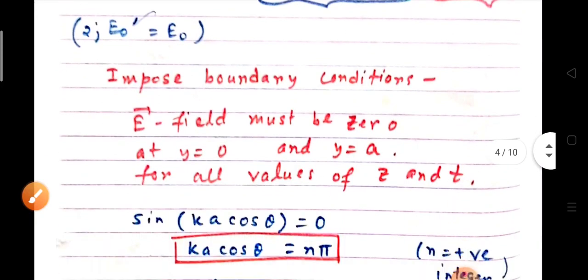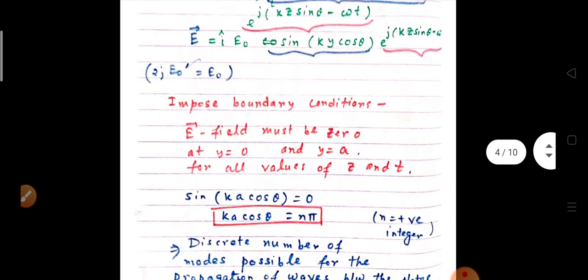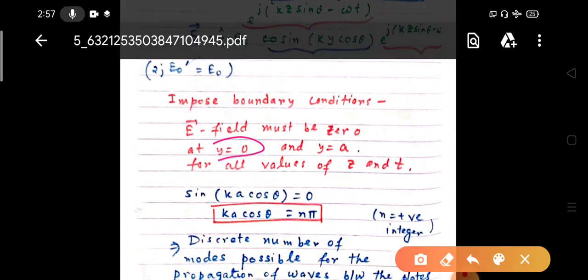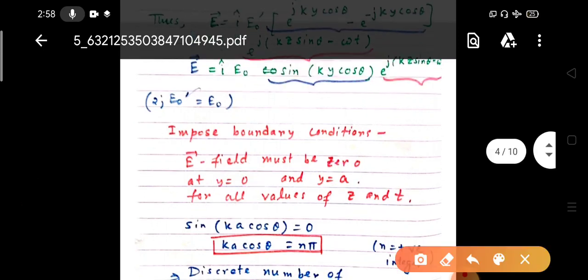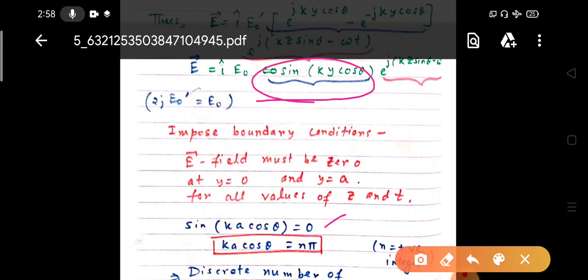Now the boundary condition we are imposing, I have already told you: at y equals 0 and y equals a, the electric field must be 0 for all values of z and t. So from this boundary condition we get sin ka cos theta equals 0 for y equals a. So ka cos theta equals n pi.